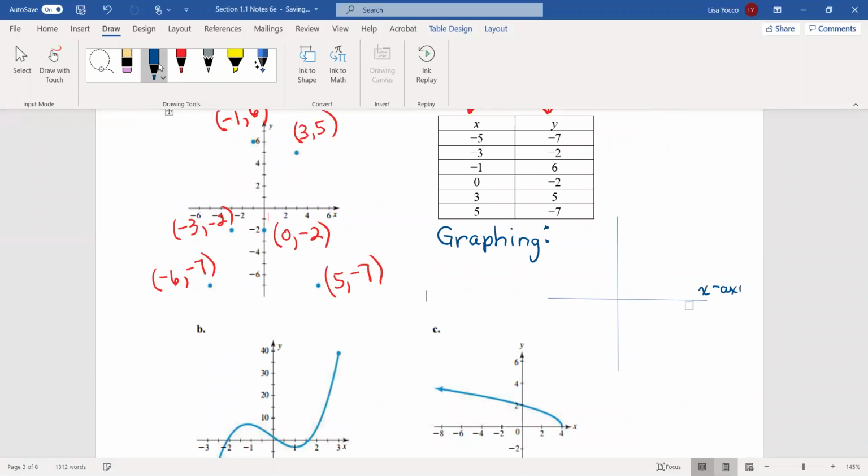That's okay, I guess. All right, so these are called the axes, the horizontal axis and the vertical axis. The point where the two axes meet is called the origin. So you may have heard me say that a minute ago.